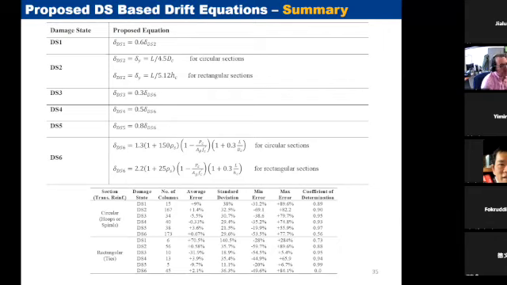And here's kind of the summary of all the equations that we developed, plus the statistical analysis that we followed to generate these equations.